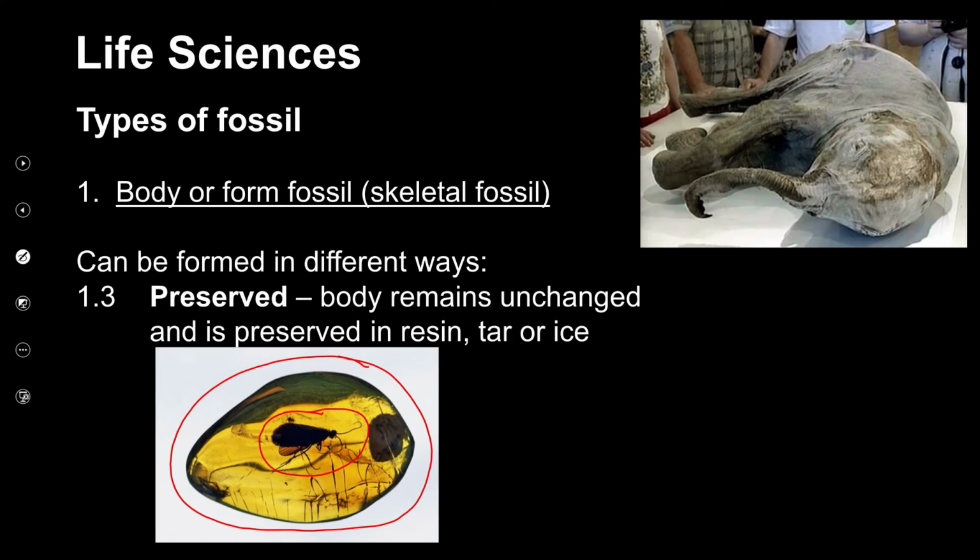This picture here is very interesting because this is a baby mammoth that was actually discovered as the ice sheet retreated in Siberia. That little mammoth had been frozen in ice for hundreds of thousands of years.